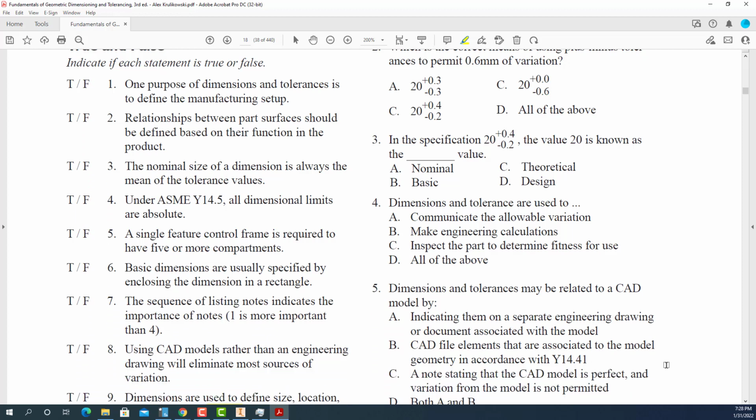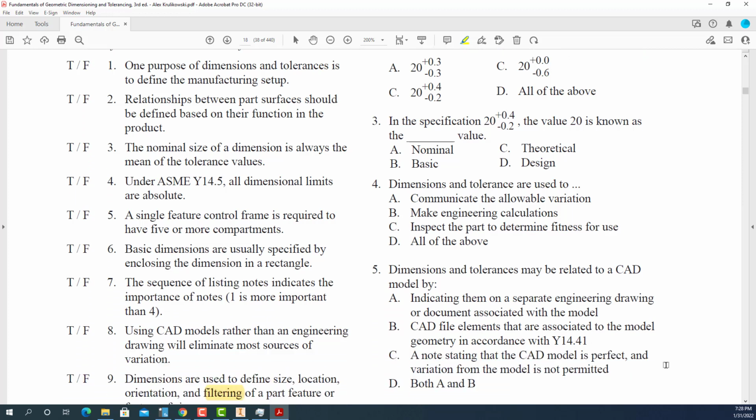Number 5. Back to you, Darius. Dimensions and tolerances may be related to a CAD model by... I think C is correct. What do you guys think? Yeah, I'd say D for A and B. Yeah, you're right.